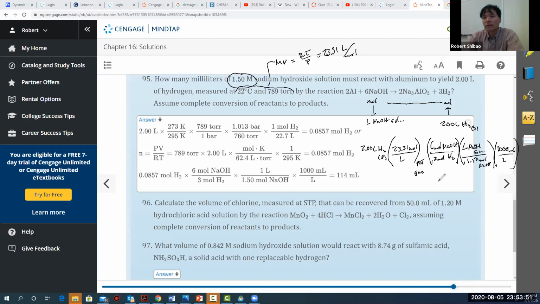And so this is the way I would have set it up here. And so I'm going to get 2 times 23.31 times 6 divided by 3 divided by 1.5 times 1,000.